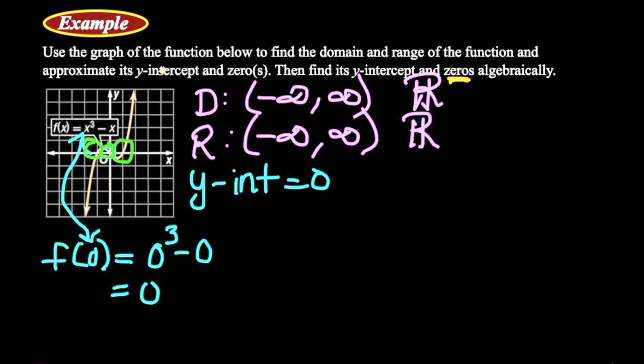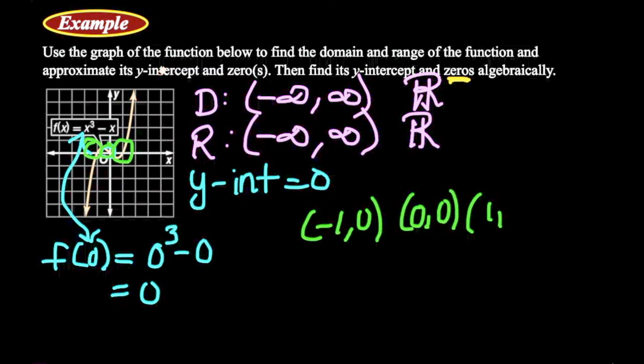It looks like there's 3 of them. And so from the graph, our zeros look like they occur at, and we don't have units on here, so I'm going to guess these are one unit at a time, it looks like negative 1, 0, and then it looks like there's another one at positive 1.